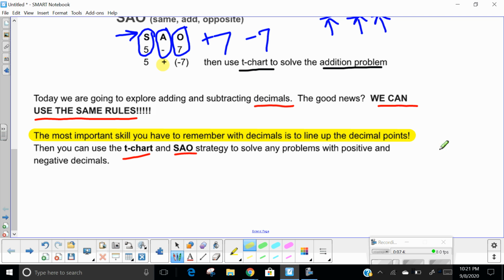So for example, if I had the number 17.1 and I wanted to add 3.57, I would need to add that up with the decimal points right above and below each other.